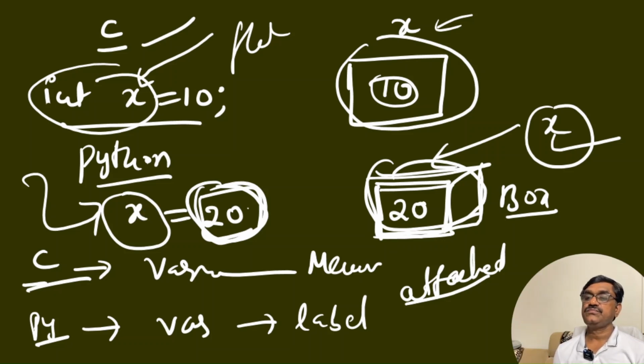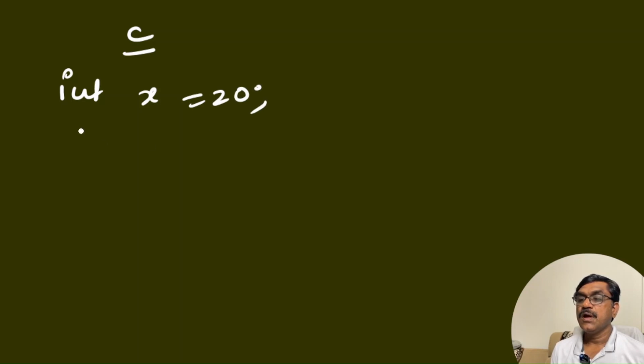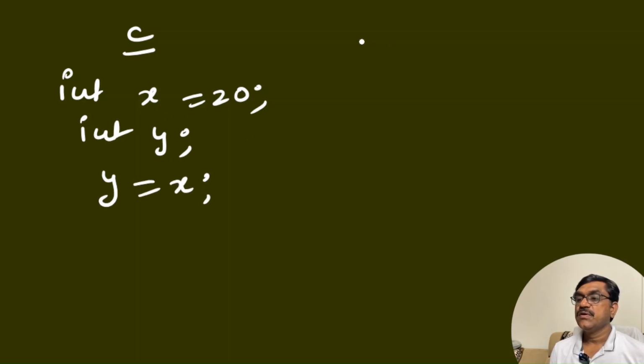For example, in C, we have variables like this: int x = 20, and here I am writing int y. Next line we can say y = x. That means first the memory is allocated for the variable x.